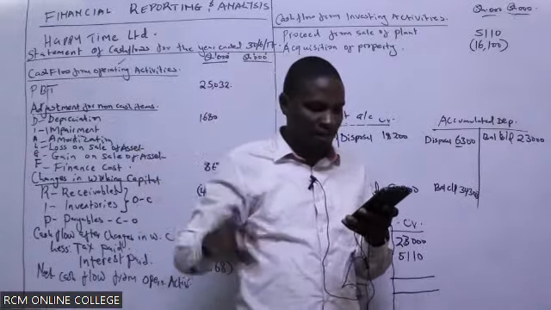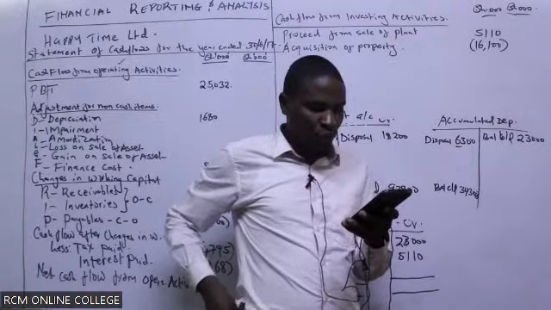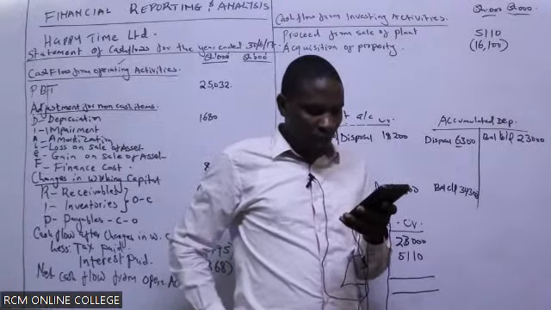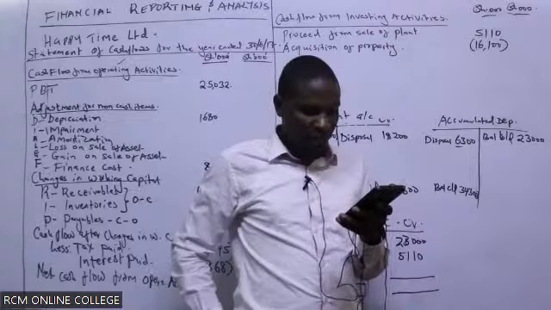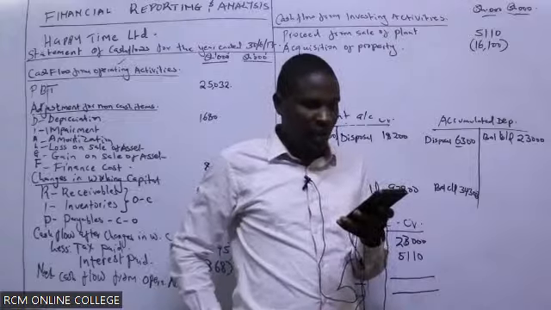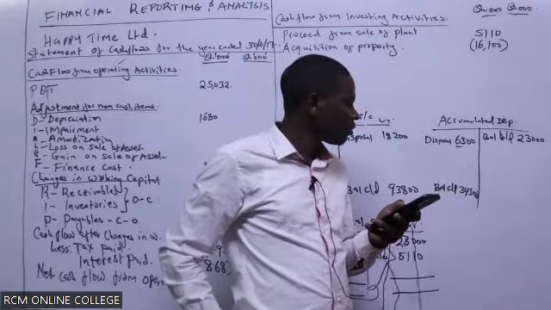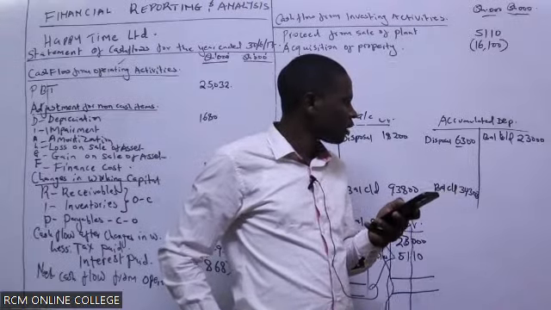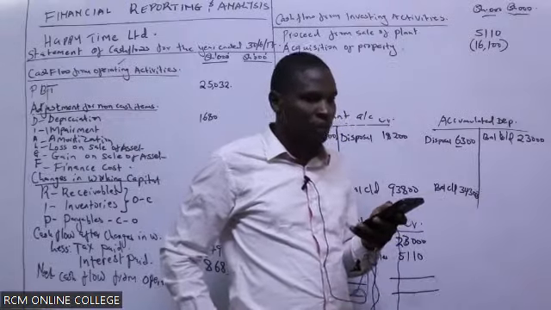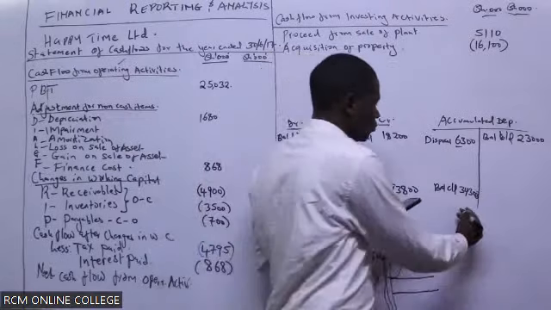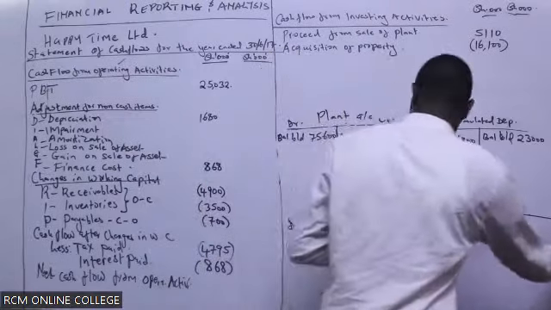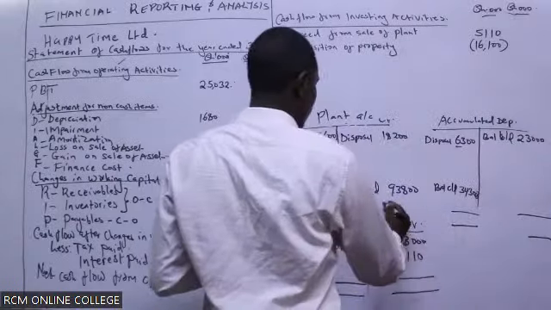Now, having that, are we able to get the depreciation, the balancing figure now? We'll try to get the balancing figure of this, also for this.